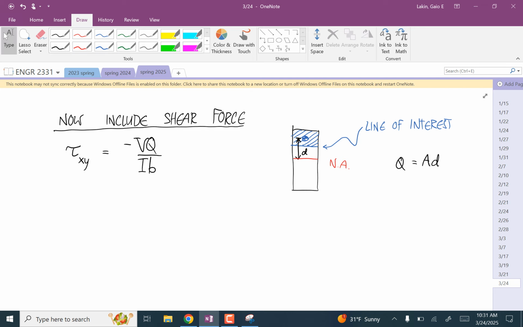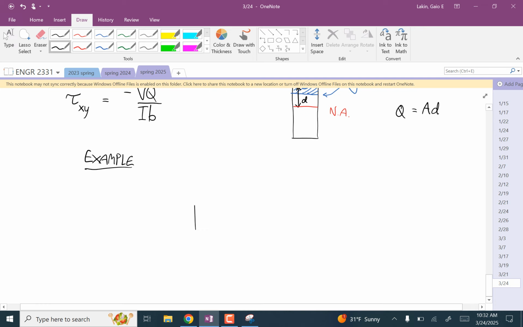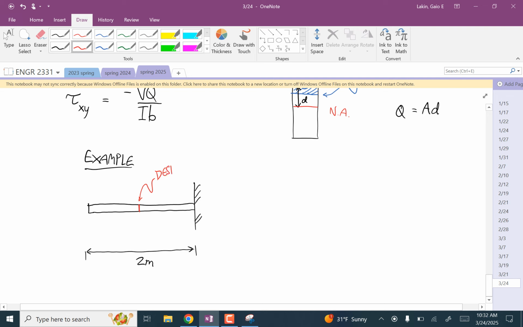All right, so now let's say the problem we're going to do: we have a cantilever beam, and the beam is 2 meters long. We want to calculate the stress at the middle of the beam. So this is the desired location.